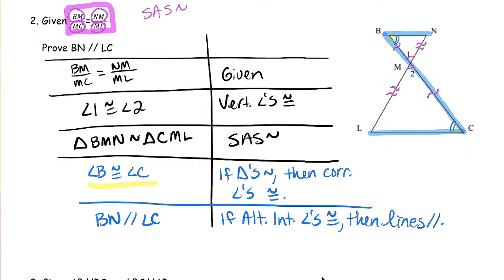So right here where B and C are corresponding, that is because they are corresponding parts of similar triangles. Now, when we go to have them be alternate interior, that is how they are in relation to the parallel lines. So as far as alternate interior goes, that's related to how they are relative to the lines. So you want to realize why they're using the different words here.